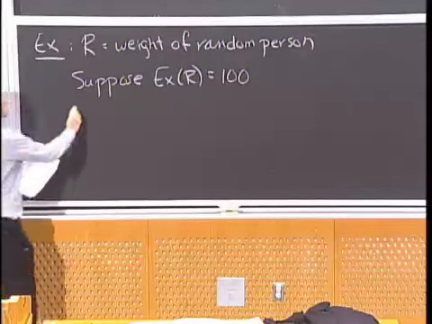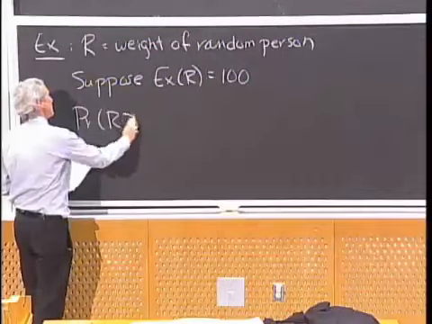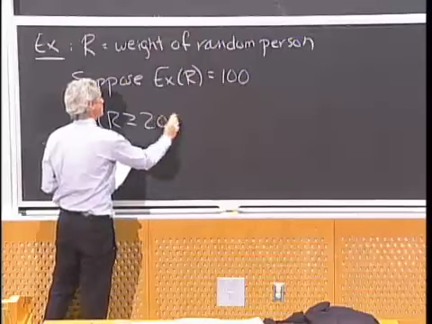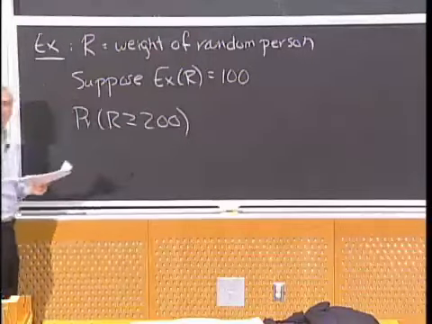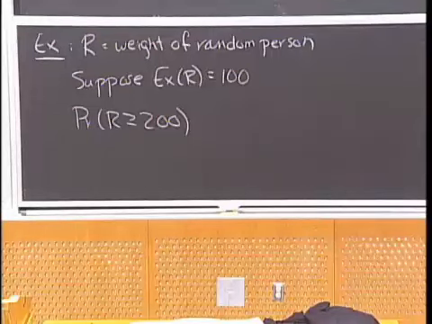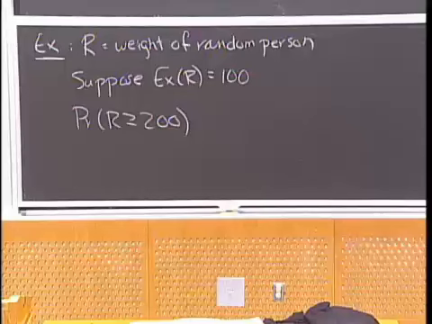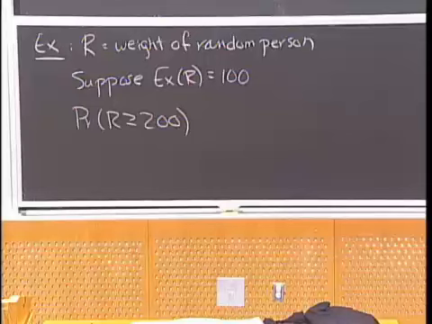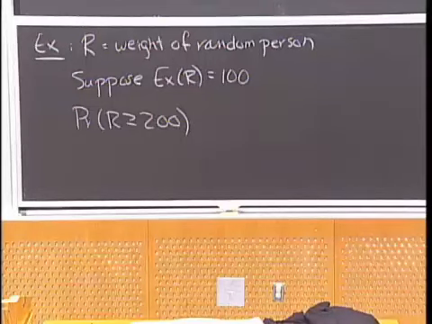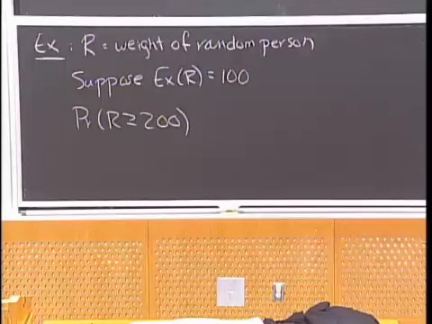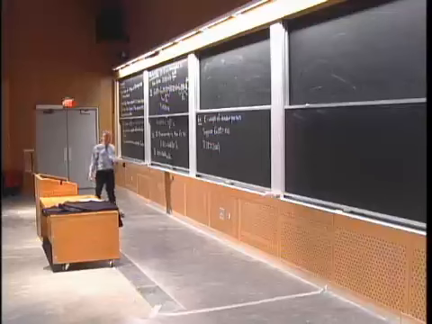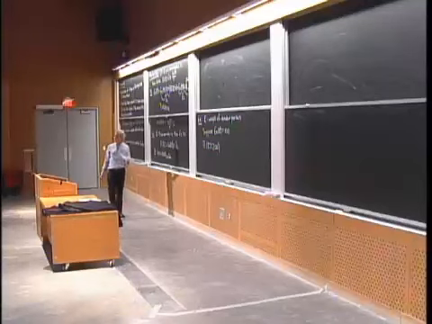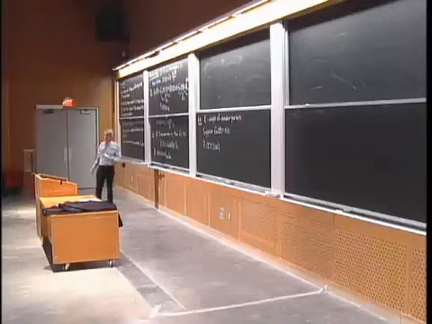And suppose I want to know the probability that the random person weighs at least 200 pounds. What can I say about that probability? Do I know it exactly? I don't think so, because I don't know what the distribution of weights is. But I can still get an upper bound on this probability. What bound can I get on the probability that a random person has a weight of 200, given the facts here? Yeah?